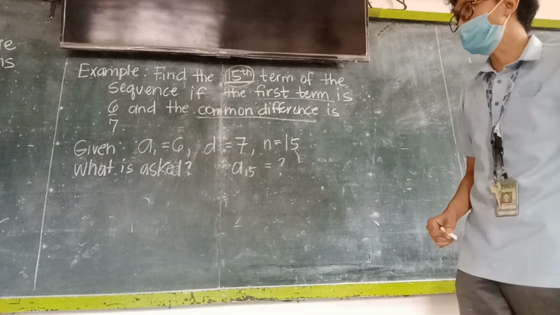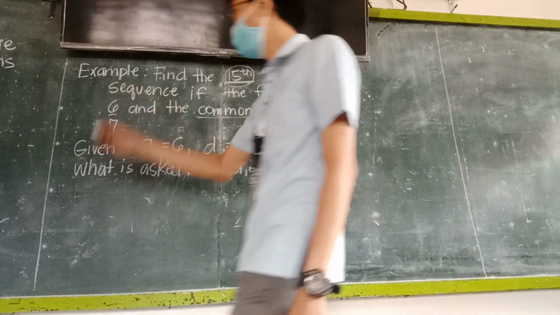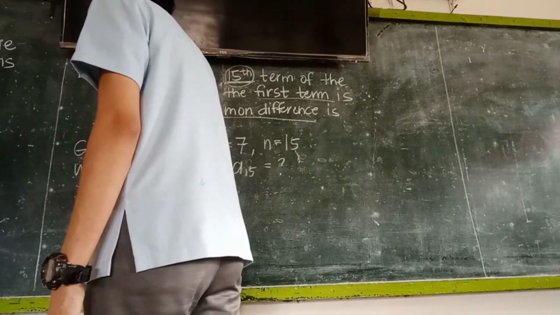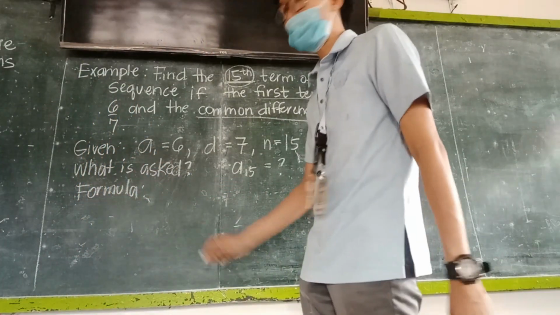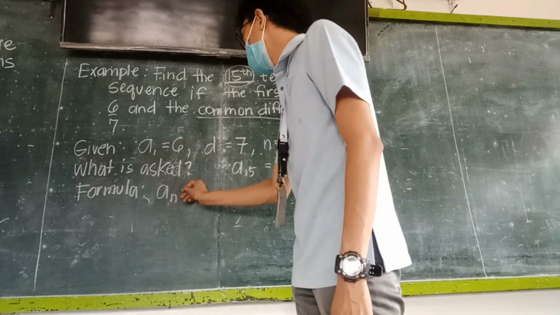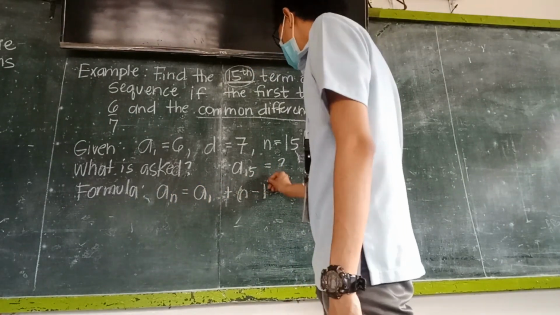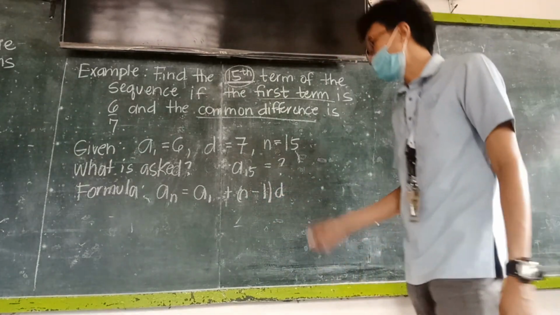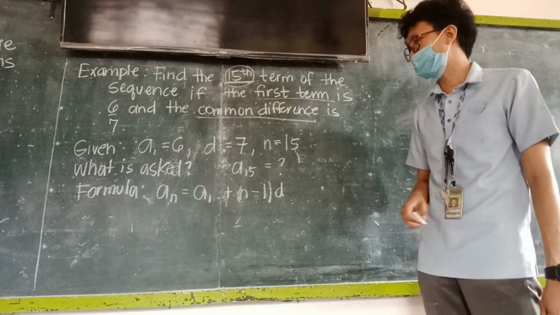So, we will solve this problem using the formula given. So, ating formula is a sub n is equal to a sub 1 plus n minus 1 times d. Ito ang formula natin sa pagkuha ng nth term ng arithmetic sequence.